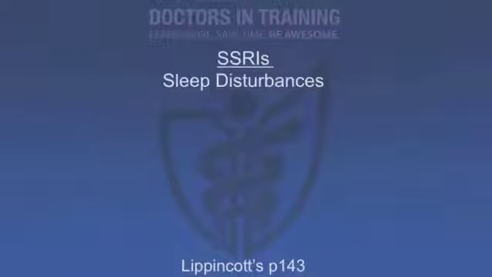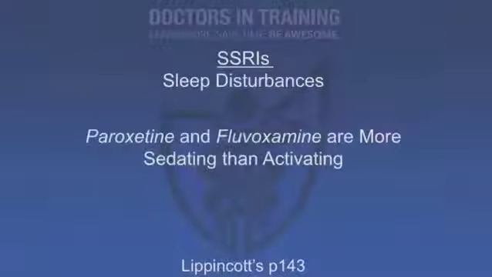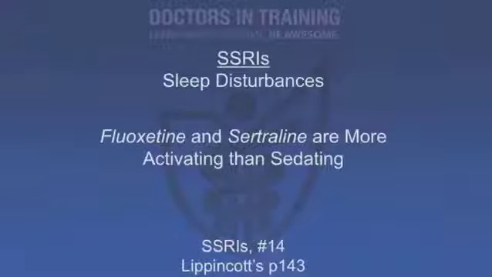Let's look at sleep disturbances. Paroxetine and fluvoxamine are more sedating than activating, so they may be useful in patients who are having difficulty sleeping. Conversely, patients who are fatigued and complaining of excessive somnolence may benefit from one of the more activating medications, such as fluoxetine or sertraline.